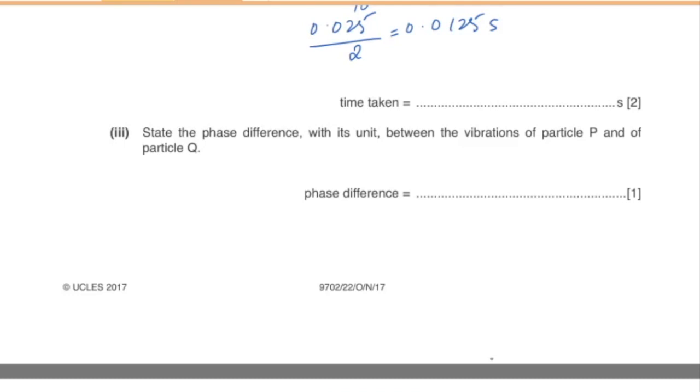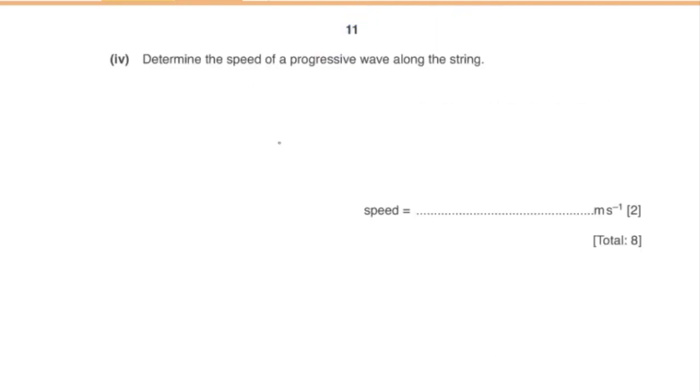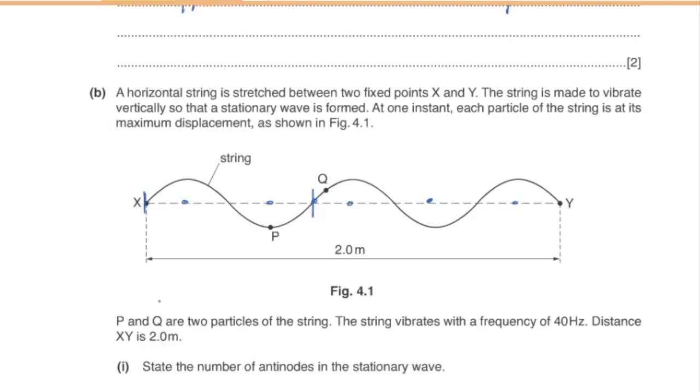Part 4, determine the speed of a progressive wave along the string. The speed of a wave is equal to its frequency multiplied by the wavelength, where the frequency is 40 Hz and the wavelength is measured from point X until this point. From point X to Y, the length is 2 meters in total, and this comprises 1, 2, and a half.